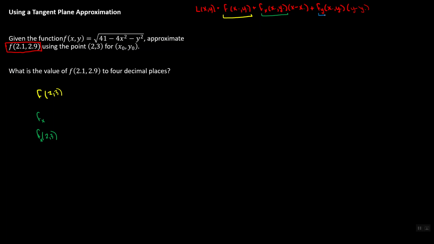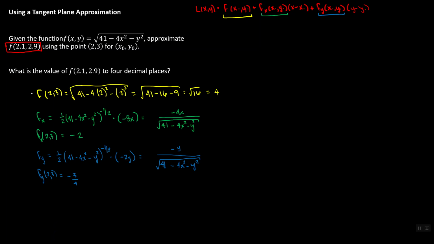And then we need to find our y partial, and then we'll evaluate that y partial at 2, 3 as well. Go ahead and try each one of these calculations, pause the video, and then match it up with what I show you in just a second.